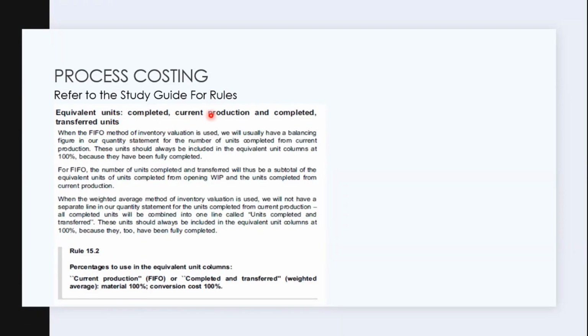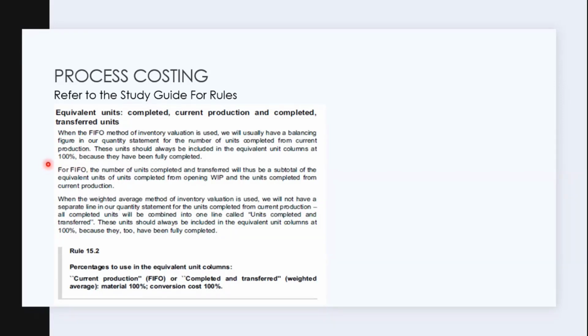And the equivalent units for those that are completed within this period, how do you calculate them? It's the balancing figure. When the first in, first out inventory valuation is used, we will always have a balancing figure in our quantity statement for the number of units completed from the current production.